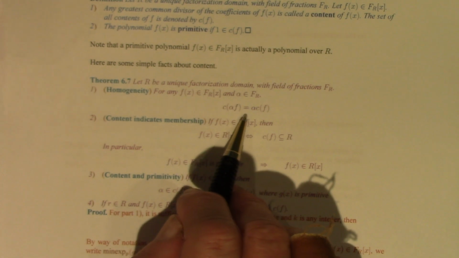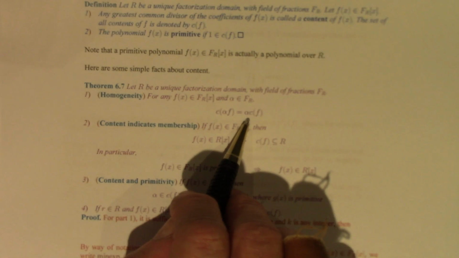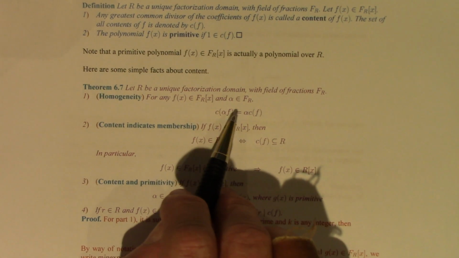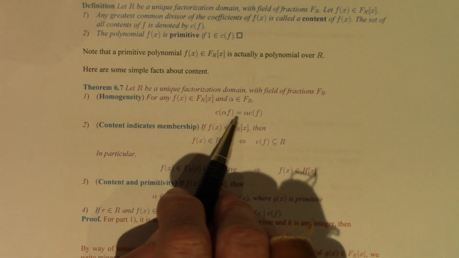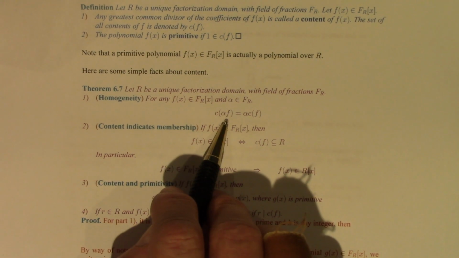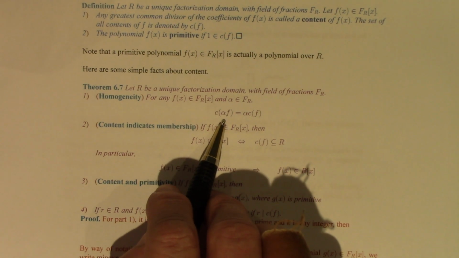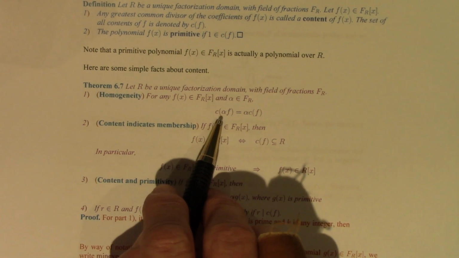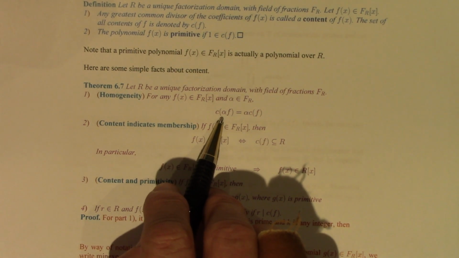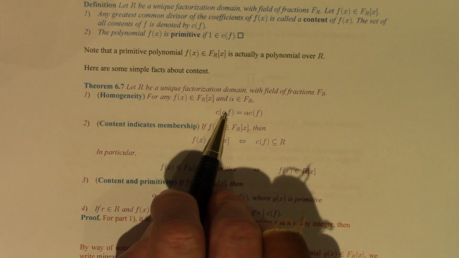Even part 1, which looks very innocuous, to write it out carefully does require some detail. But if you think about it intuitively, you're looking for a greatest common divisor of the coefficients of alpha f.